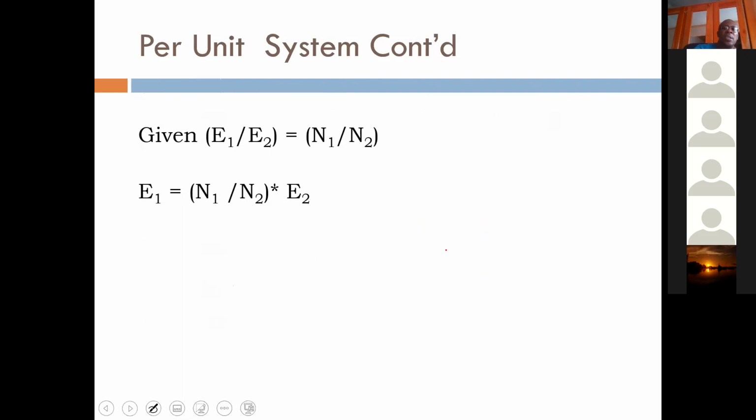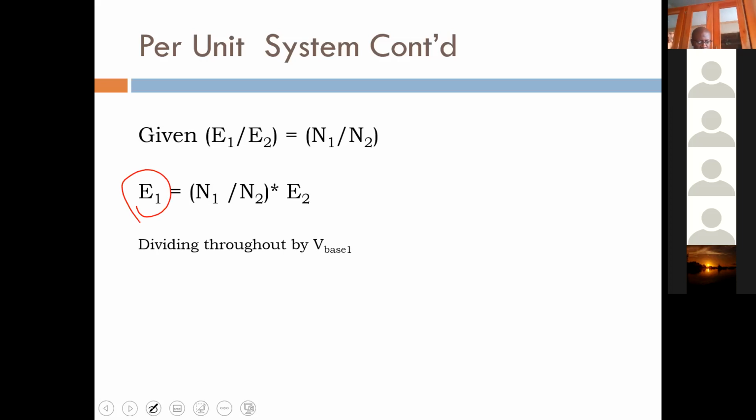Now, if I want to find the per unit voltage for winding 1, then I would divide it by the base voltage. So I would divide through by the base voltage. Remember what we said earlier, that when we select the base voltage, we select it at a point in the network.